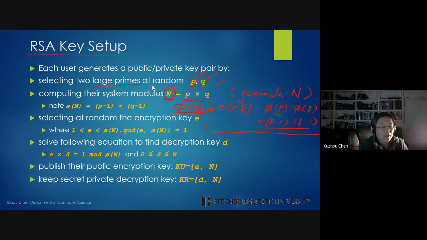Technically this is not right, because for any number, you can always factor it. But what I'm trying to say is, even with modern technology, using the fastest and most powerful computer system in the world, if you try to write an algorithm to factor the number n, it's still going to take an extremely long time.